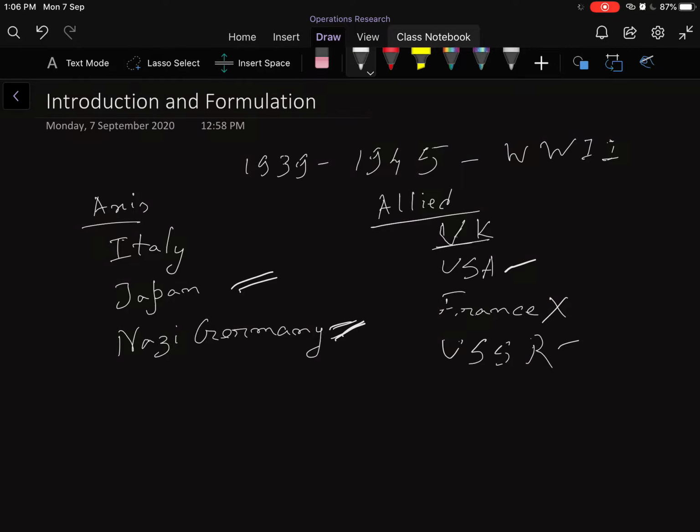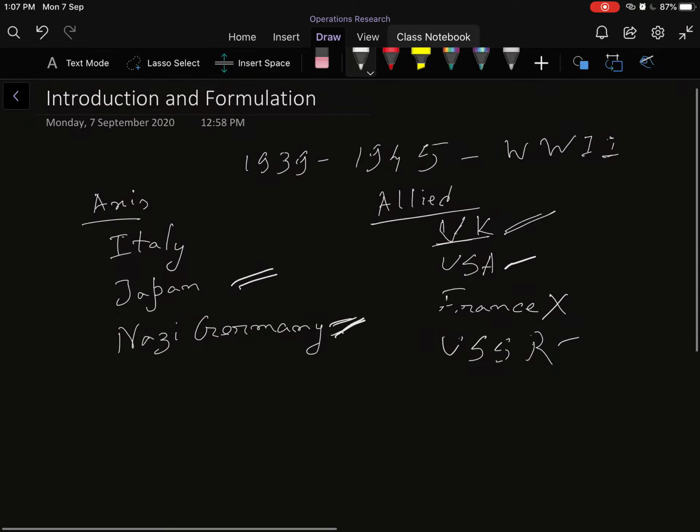In the initial days, it was mostly the UK which was taking all the hit, and it is noteworthy that the UK was about to fall. About to fall means it was thoroughly bombed by Nazi Germany in Europe and Africa, and in Asia, Japan was winning land after land which was occupied by the forces from the United Kingdom earlier.